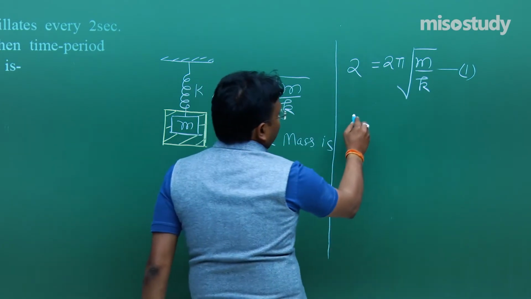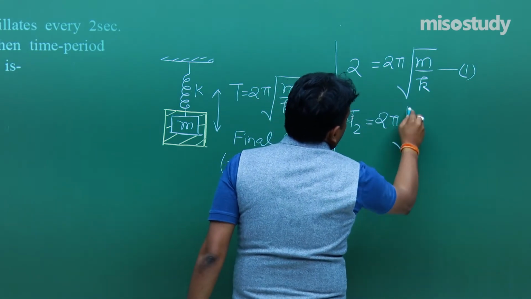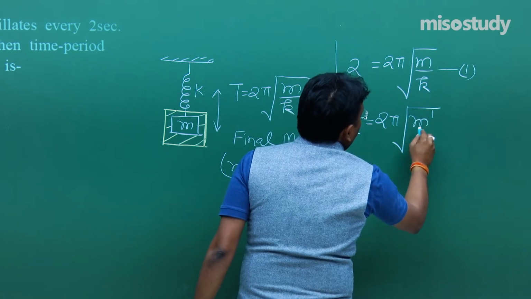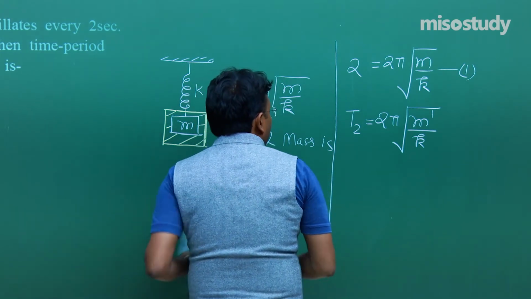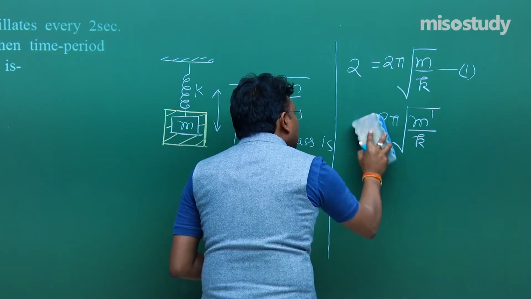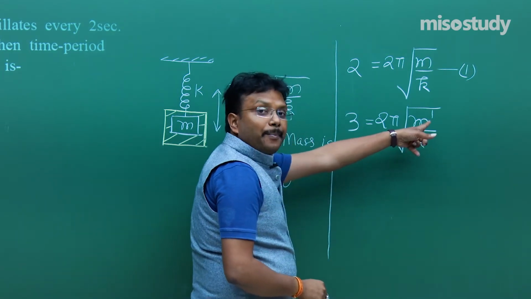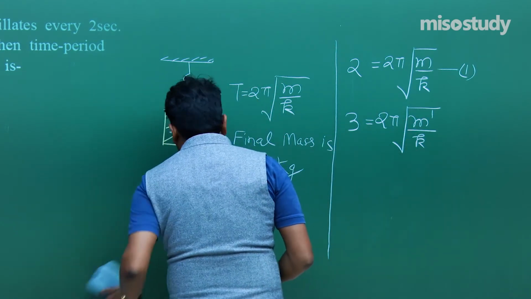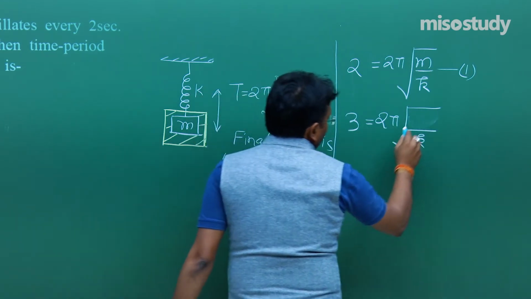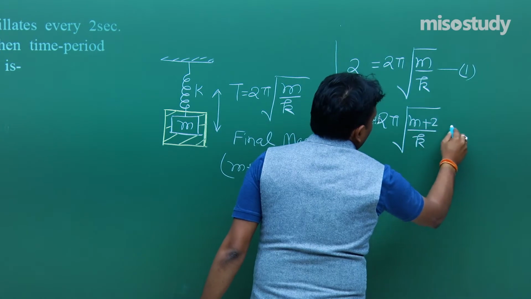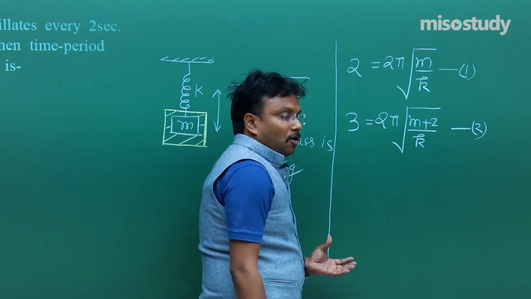Now, again second time what I will write down, T2 is equal to 2 pi under root m prime upon k. Okay, why? Because now T2 is nothing but it is 3. Fine. And what about M prime? So, M prime is nothing but a well known, my friend, that is m plus 2, equation number 2.